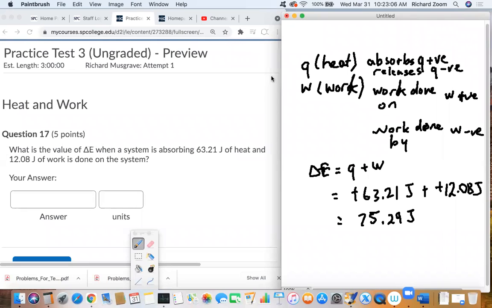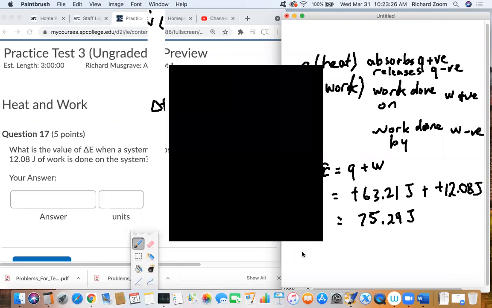Okay, how do you all feel about number 17? Be honest. You might not feel good about it at all because you might not have looked at it. That's okay. Okay, 5 more seconds. 3, 2, 1. Okay.